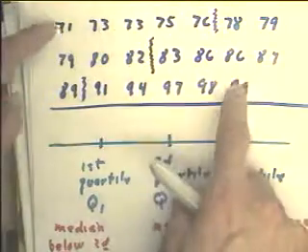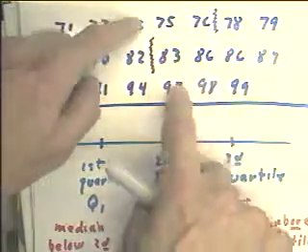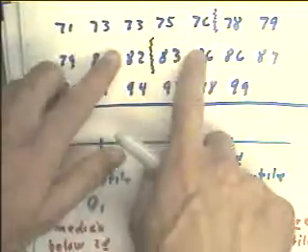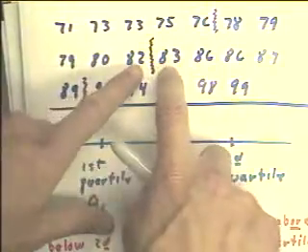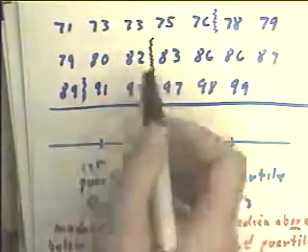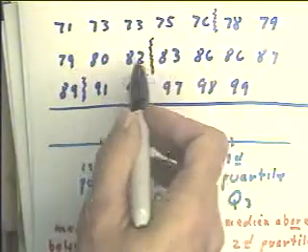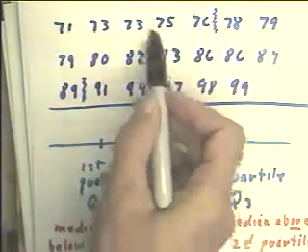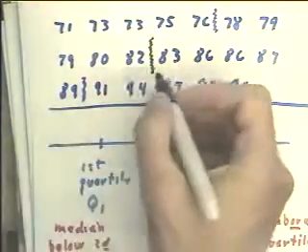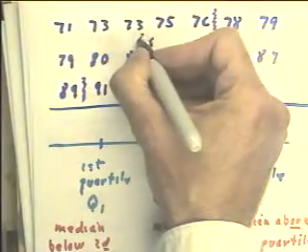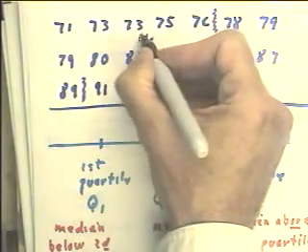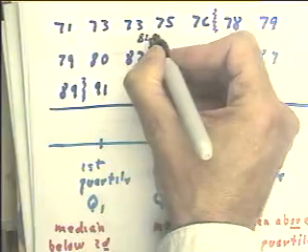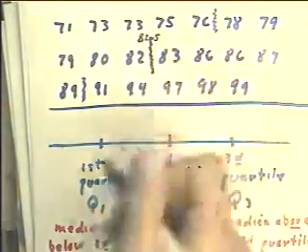If you throw out the first and the last, and the second to the last, and so forth, and keep throwing things out, you're going to be left with 82 and 83 in the middle. The median is therefore going to be the average of the 82 and 83, or 82.5. We'll label that as 82.5.